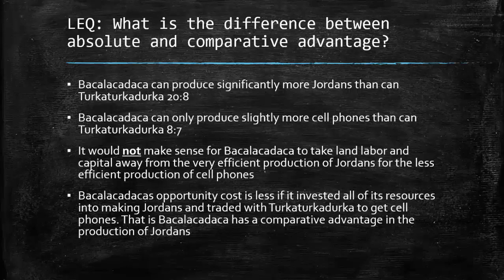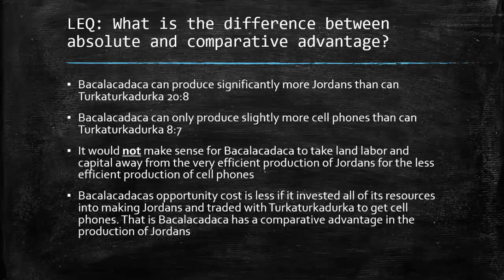They can produce a ratio of 8 million to 7 million cell phones. So here's the take-home point. It would not make sense for Bakalakadaka to take their valuable land, labor, and capital away from what they're very good at. Bakalakadaka is very good at producing Jordans. Therefore, they should specialize in producing Jordans, even if that means they're not producing cell phones anymore.